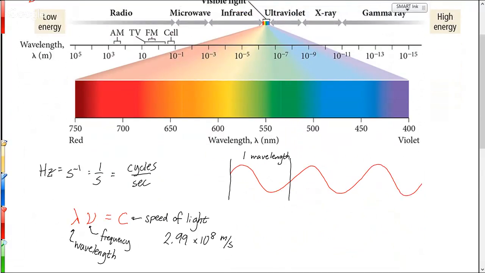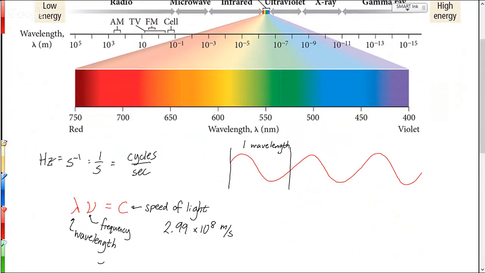So that shows us how wavelength and frequency are always related. If wavelength goes up, frequency goes down. Now, in order for this to work, we need to watch our units here. Speed of light is meters per second. So we have to use the wavelength in meters and the frequency in hertz, which is 1/seconds, in order to get that to work.